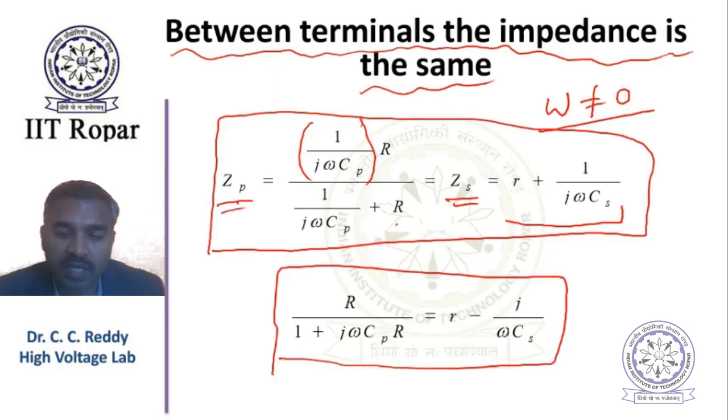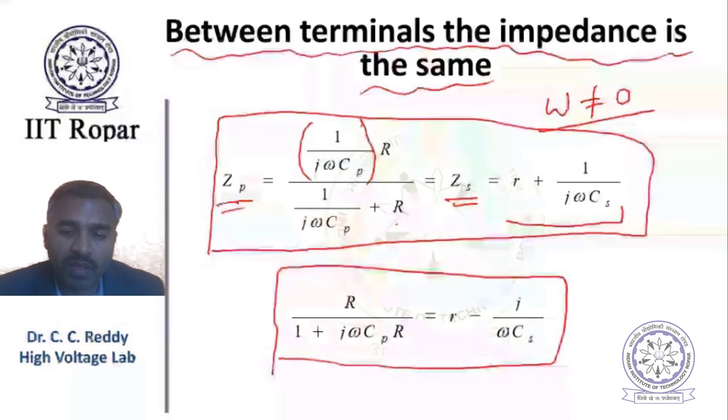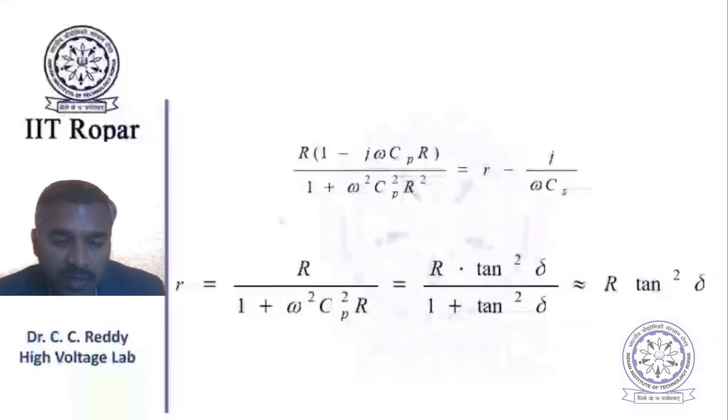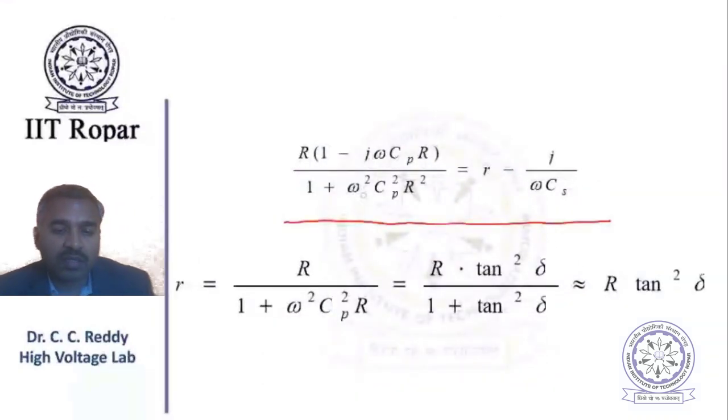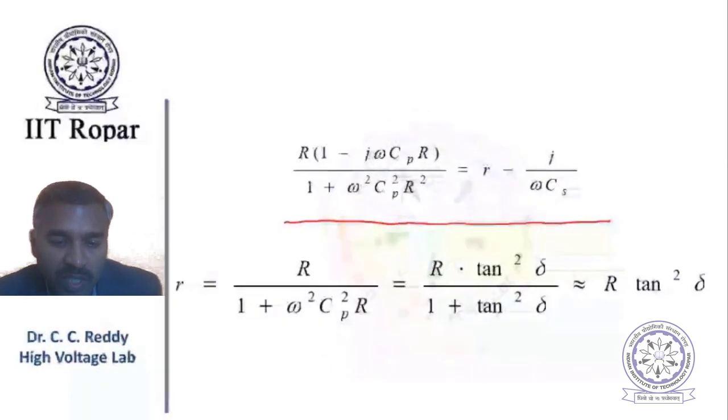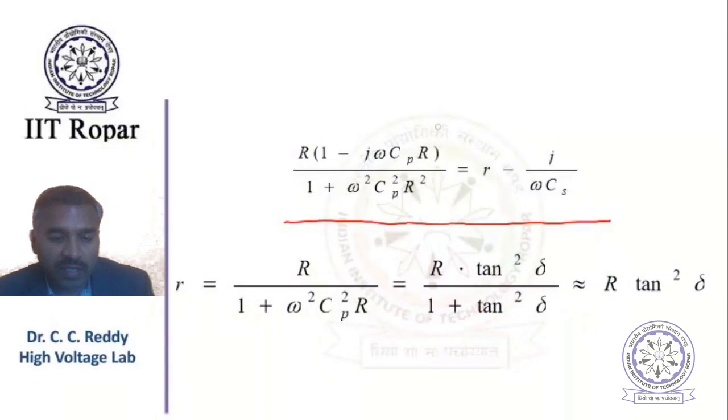Now, real part and imaginary part can be separately equated. So, by multiplying numerator and denominator by 1 minus j omega Cp R, we will get like this.